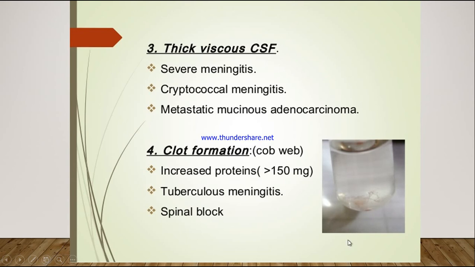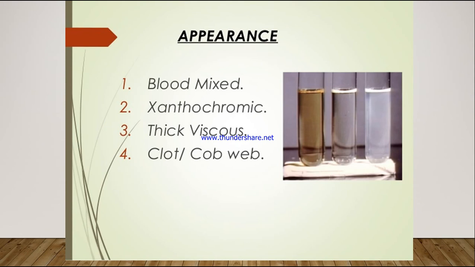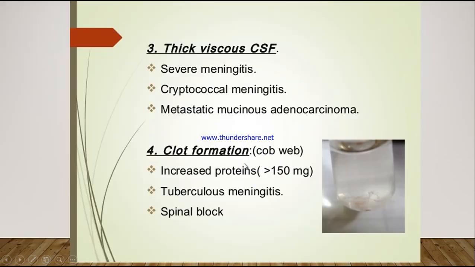Next, if there is any clot or cobweb formation, then we should suspect increased proteins of more than 150 mg, tuberculous meningitis, or any spinal block. So that is based on the appearance of CSF: blood mixed, xanthochromia, thick viscous, and cobweb or clot formation.